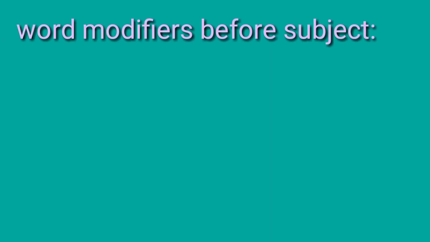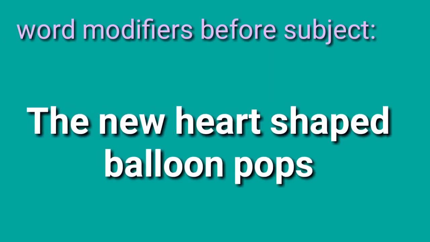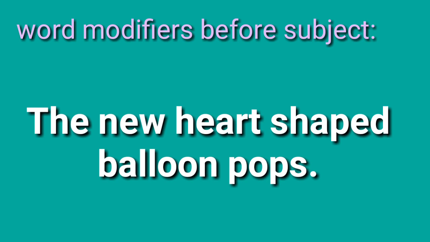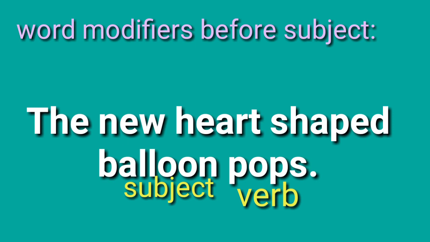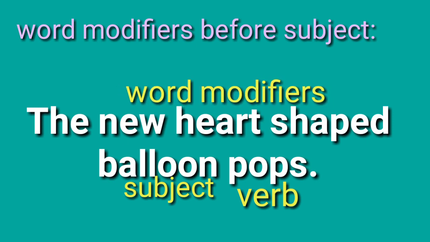Let's have this example. Word modifiers before subject. The new heart-shaped balloon pops. Here, our subject, balloon, and our verb, pops. New heart-shaped are the word modifiers to our subject, balloon.